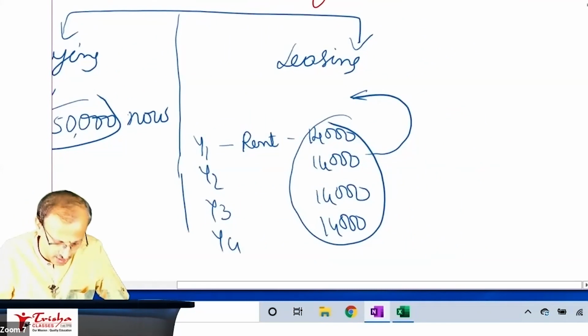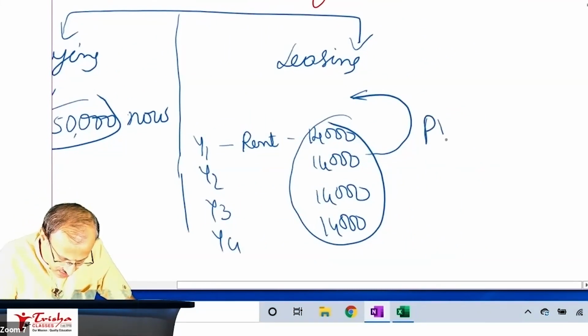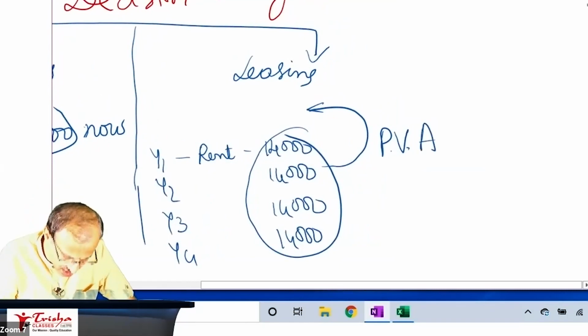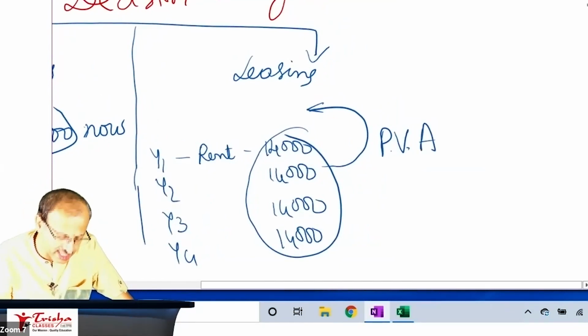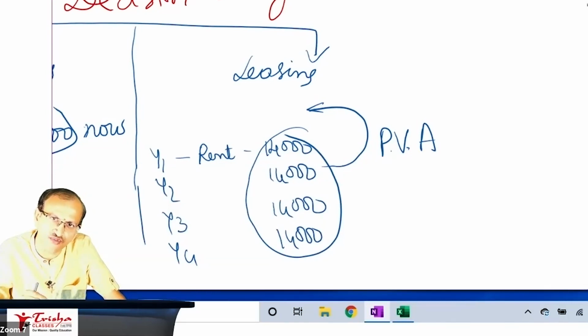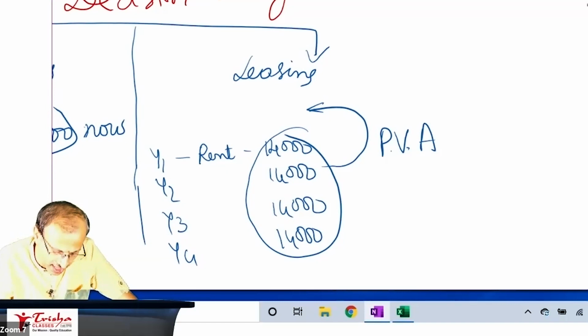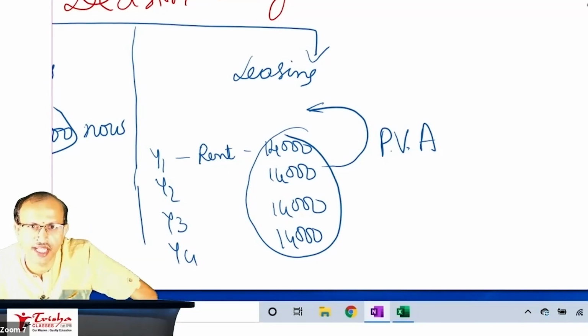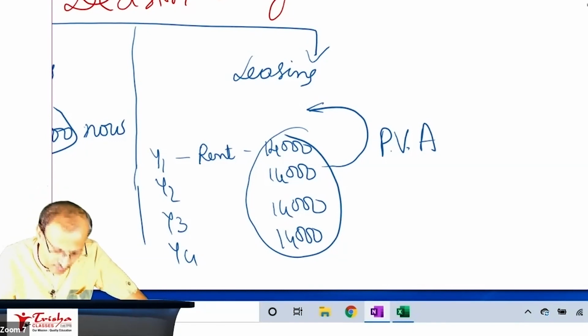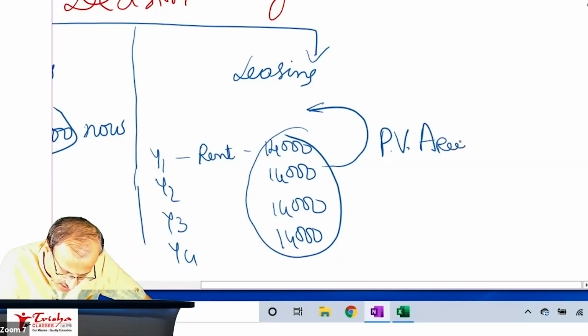Therefore, my formula will be present value annuity. Any doubt so far? Why is it annuity? Is that 14,000 once? No, rental every year, 4 times, every year same money. So annuity. When you pay, year beginning or year ending, we don't know. What will we assume? Year ending. So if it is year ending, it is regular.